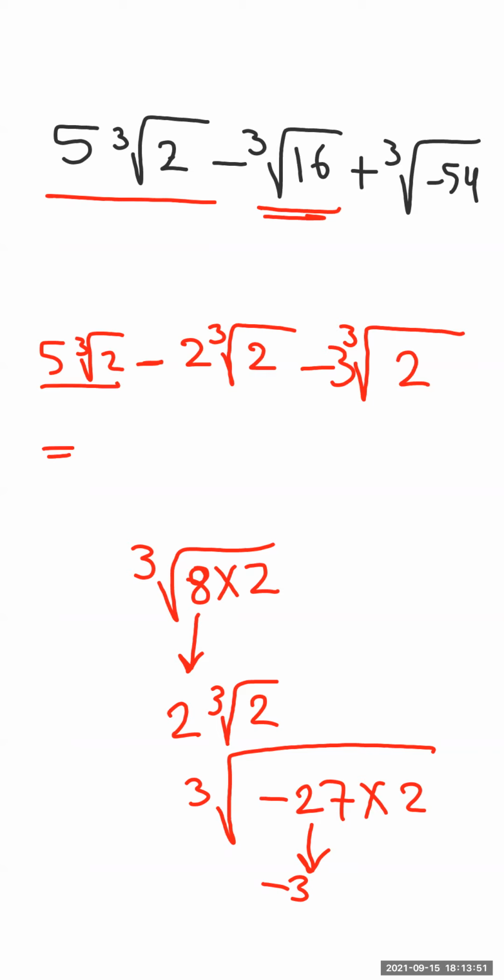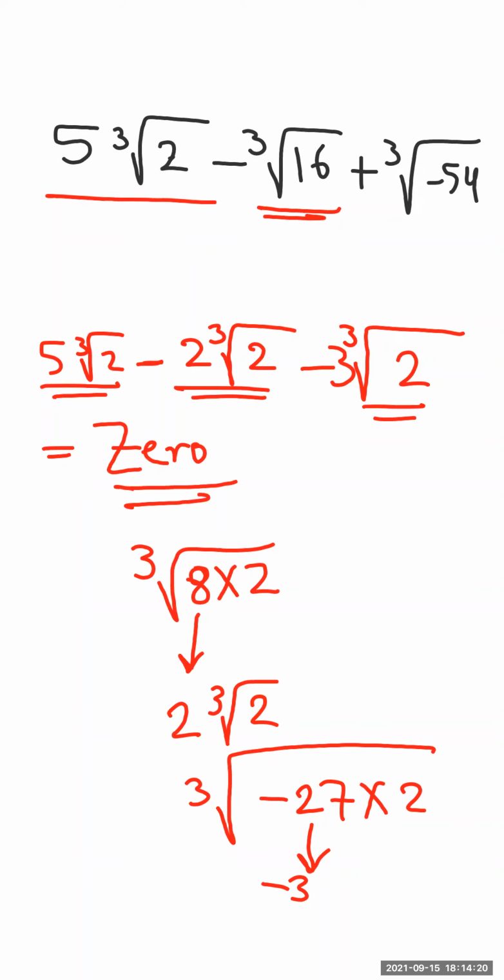Now 5 cubic root of 2 minus 2 cubic root of 2, okay? It will equal 3 cubic root of 2. So 3 minus 3 cubic root of 2 is 0, so it will equal 0.